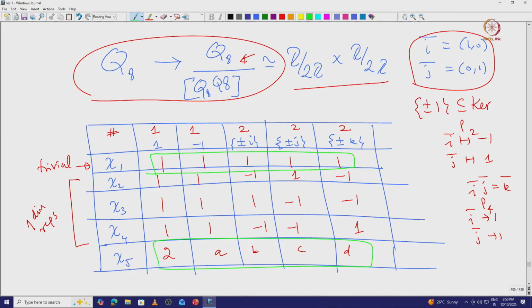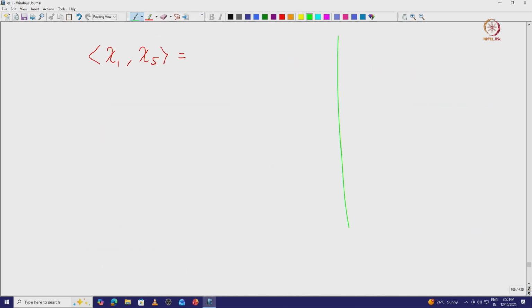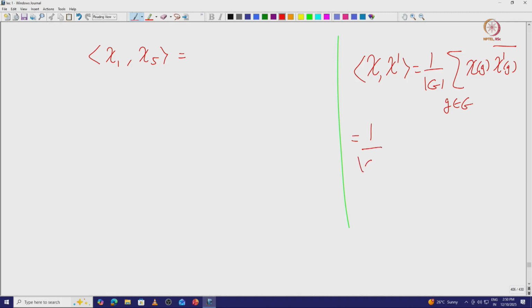So, recall, what is the inner product? The inner product of chi and chi dash is nothing but 1 divided by the cardinality of G, summation of chi of g times chi dash of g bar, where g runs over G. Since chi and chi dash are both class functions, we can rewrite this as 1 divided by the cardinality of G, summation i ranging from 1 to s, the cardinality of C i, because chi of g will be the same throughout all elements of C i.